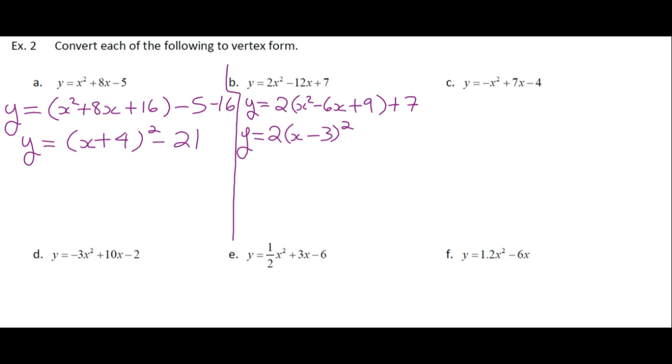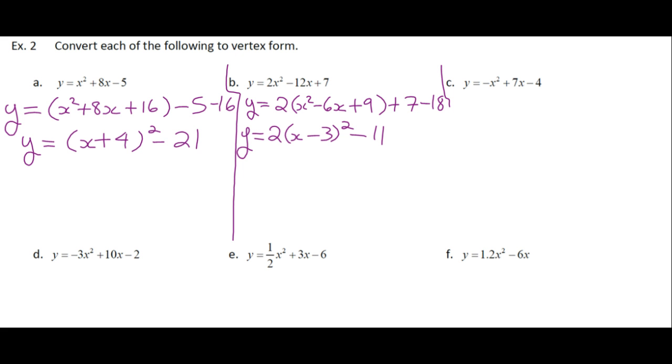Do I subtract 9 out here? No, I subtract 18. So it's a 9 in here, but this is really 2x squared minus 12x, so this is going to be plus 18. So we have to subtract 18. And then what's 7 minus 18? Negative 11.